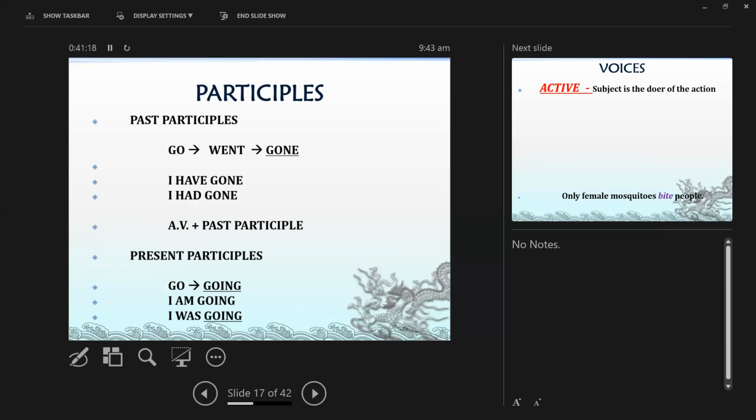Pwede mo rin sabihin I was going because the action has not yet happened either. Okay? I was going, however, I realized I needed to stay home. Okay? The first example is, I am going to the salon, meaning I'm planning to do it in the future.